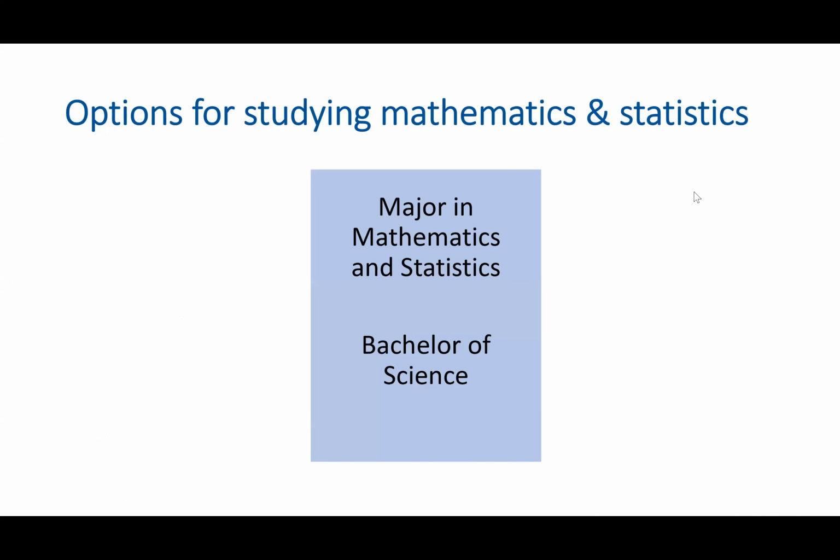So first of all, options for studying Maths and Stats at Melbourne University. If you want Maths and Stats to be your main focus of your undergraduate course, then the best option is a major in mathematics and statistics. That's part of the Bachelor of Science. So you would enroll in the Bachelor of Science, and then you choose mathematics and statistics as your major.